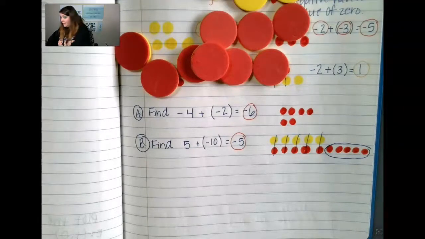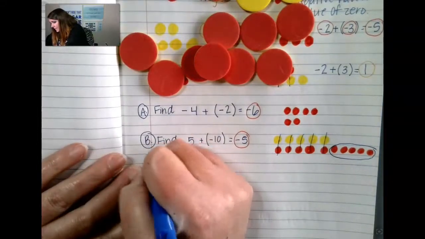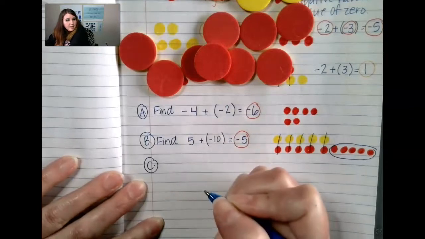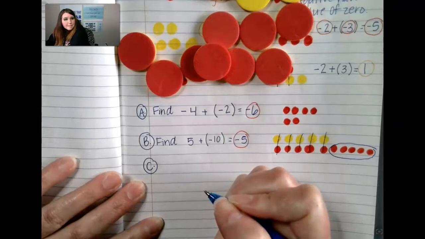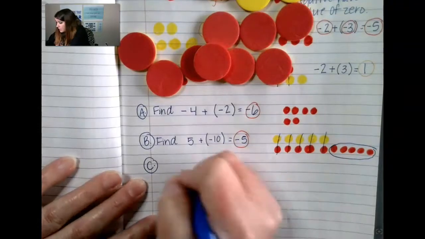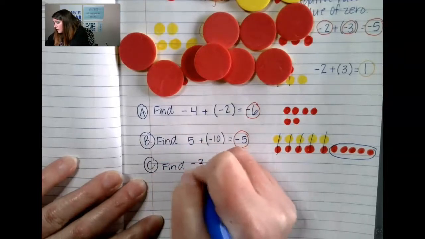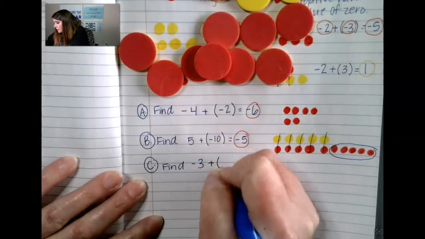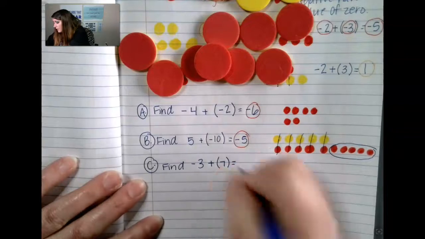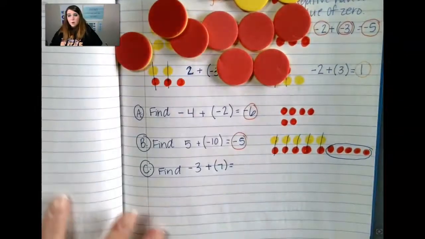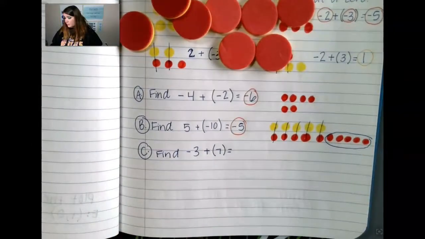Let's do another. All right, so letter C says -3 plus 7. So we're going to find -3 plus a positive 7. All right, so I'm going to start with you hitting pause so that you don't hear me.